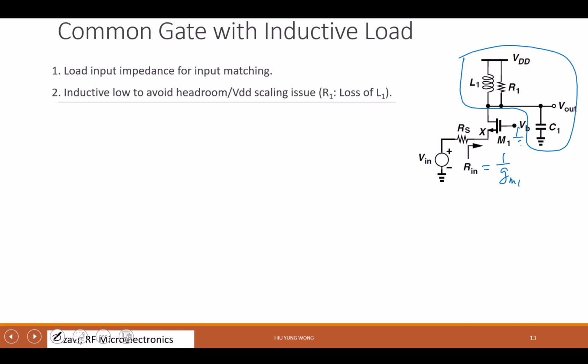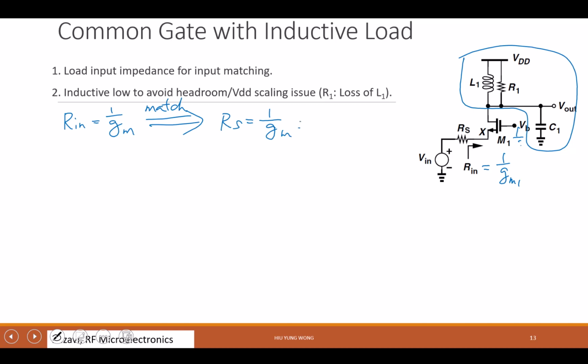And then let's take a look at this so-called inductive load. Now, first of all, you get 1 over gm, that is good, right? R in equals 1 over gm. So to match the input impedance, which is easy, just set RS equal to 1 over gm.